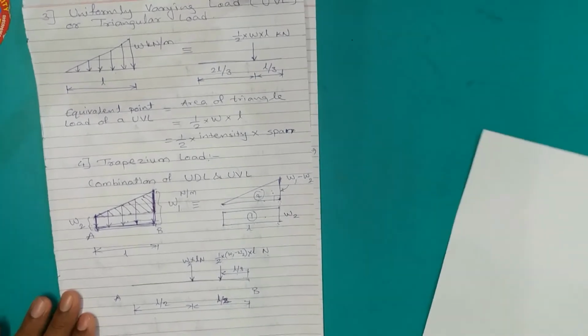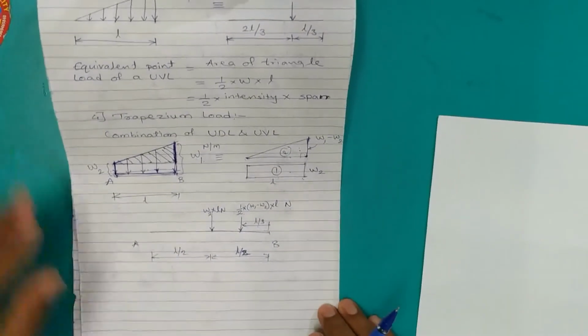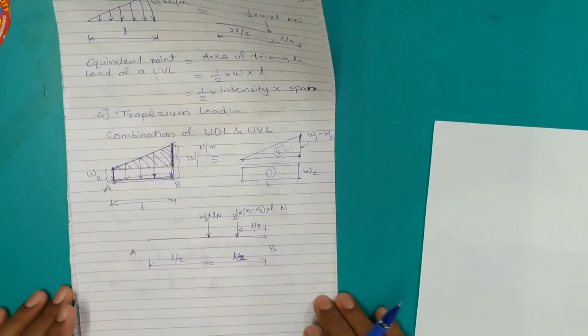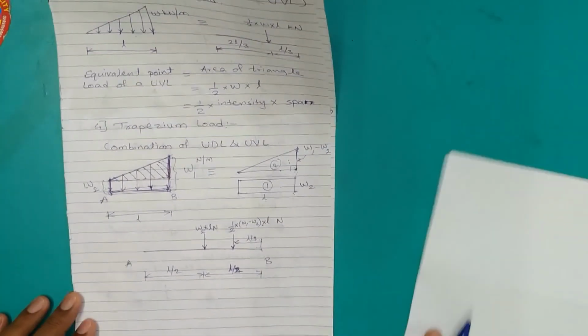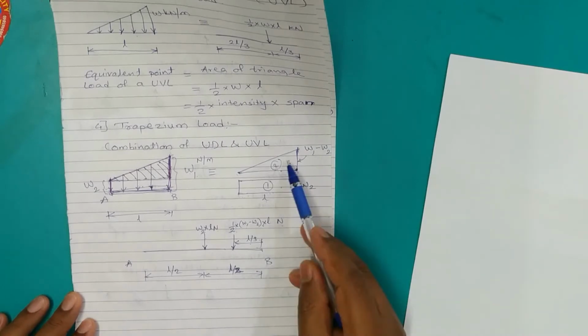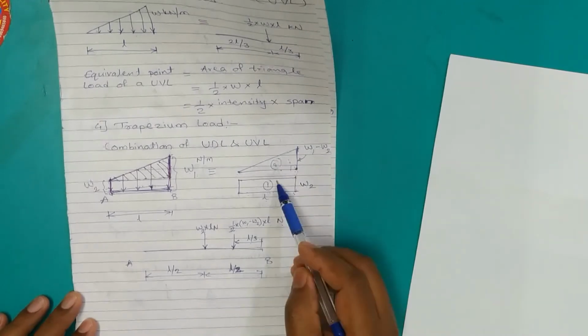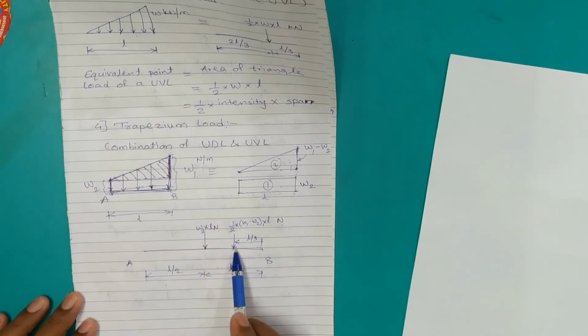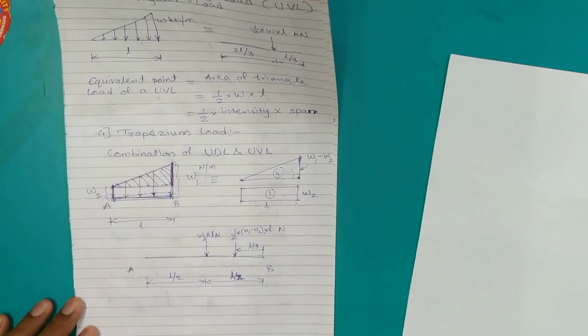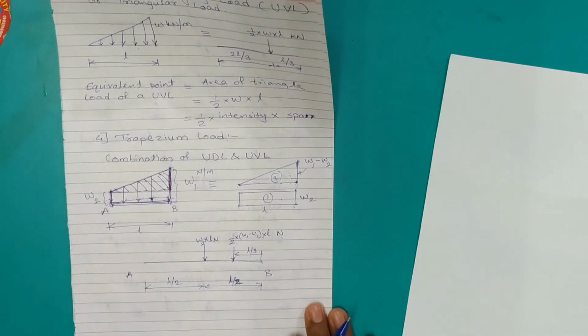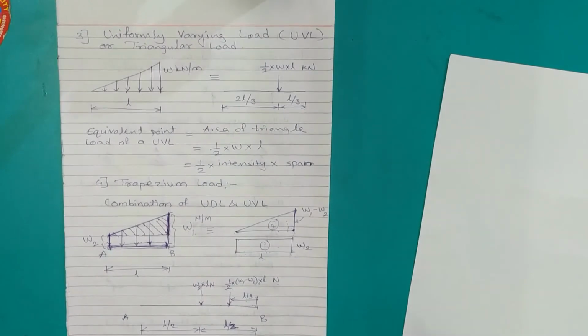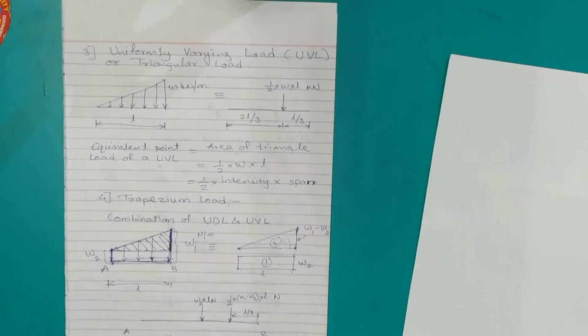So remember, if you have a trapezium load or a trapezoidal load, in that case you will have to convert it into one rectangle and one triangle, and then for each shape you will have one equivalent point load respectively. So trapezium load is going to get converted into 2 point loads, remember. Fine. We'll solve some numericals in which this trapezoidal load will be involved, and we'll have to convert the trapezium into point loads. In that case, we will see these calculations.